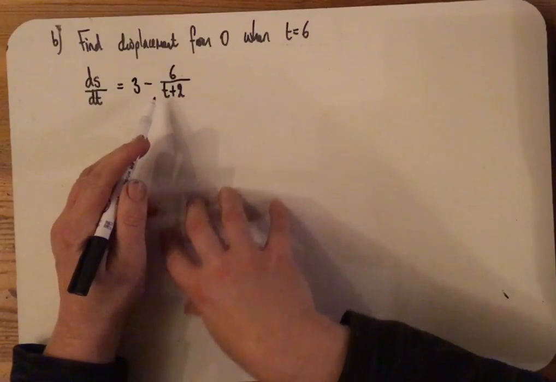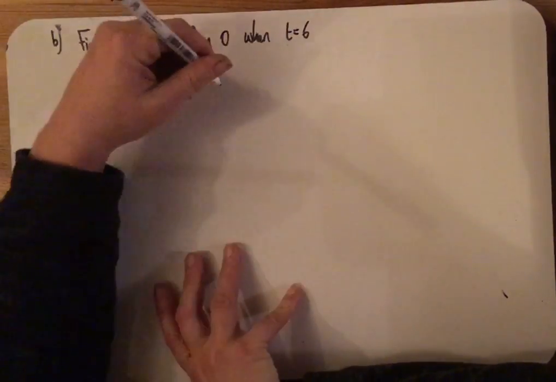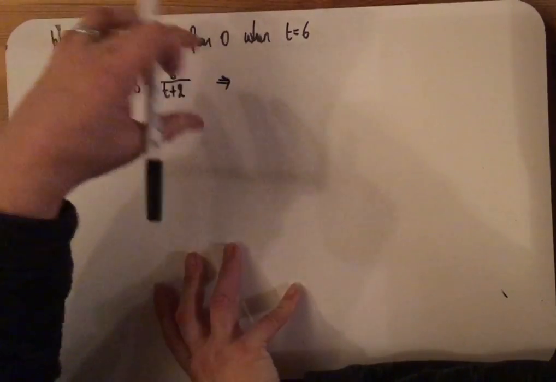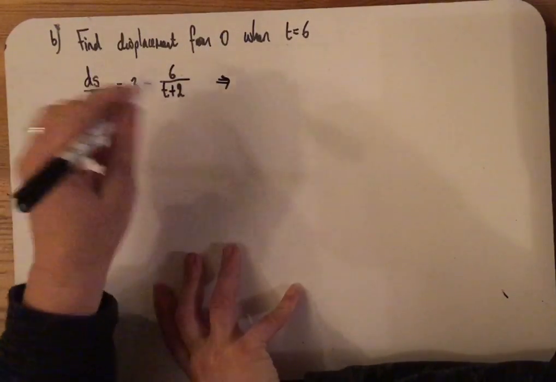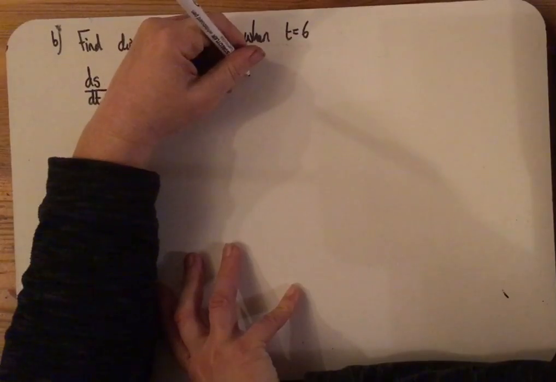We've only got t's on this side, so I can integrate both sides with respect to t. We don't have to worry about separating the variables, and it's not a difficult thing to integrate.